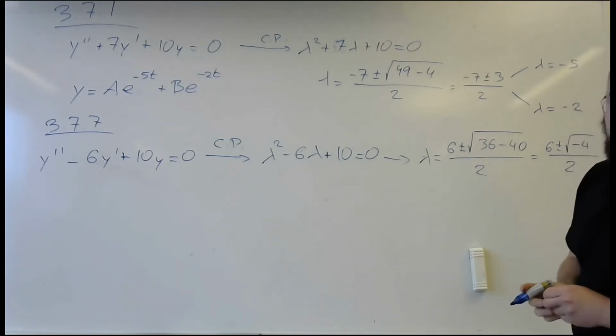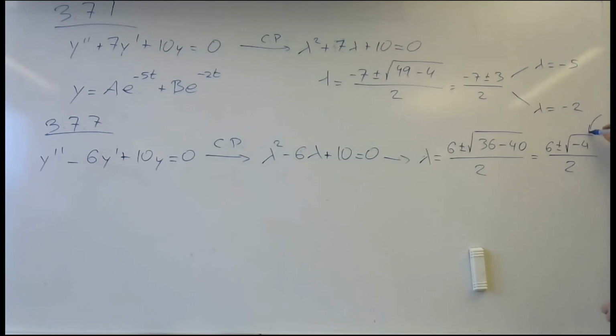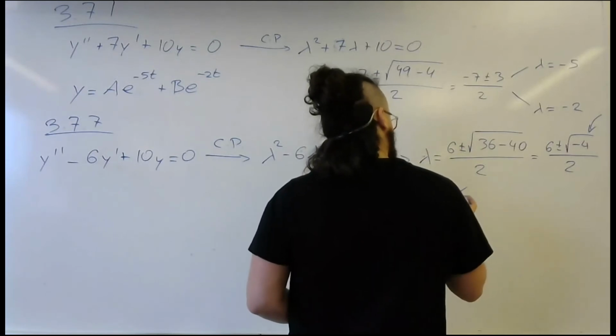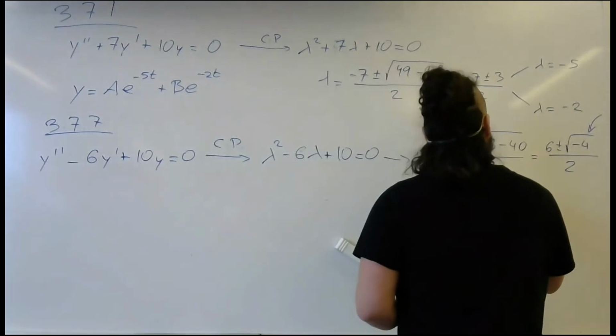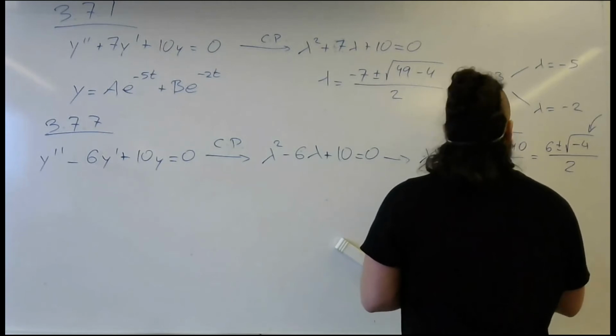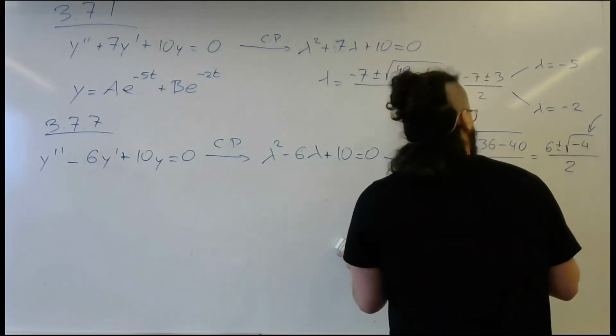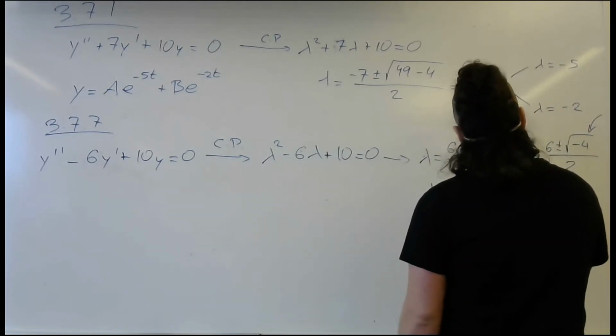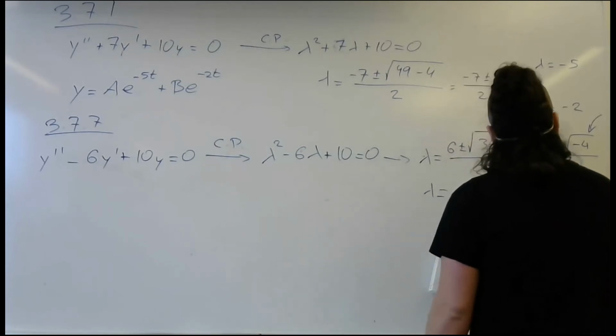Okay, here we already start having some trouble. This discriminant is negative. What does it mean? Okay, I'll show you. This is either 3 plus i or 3 minus i.